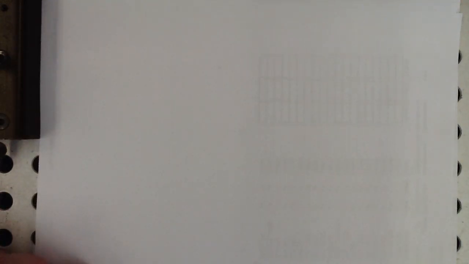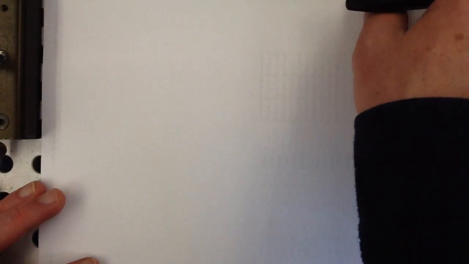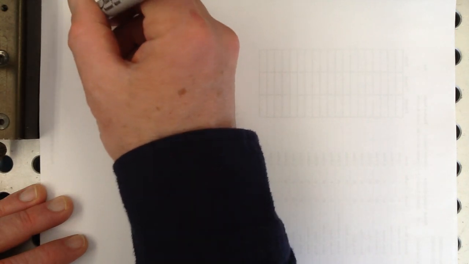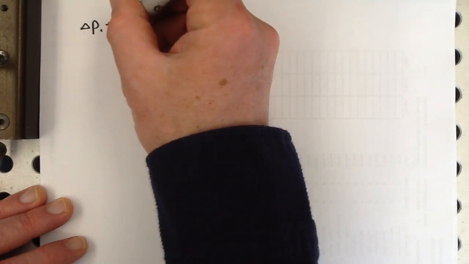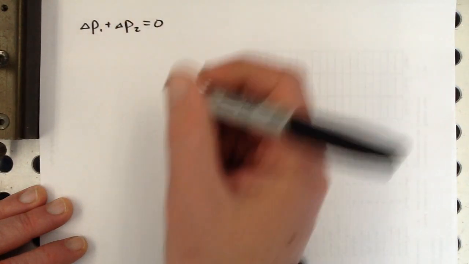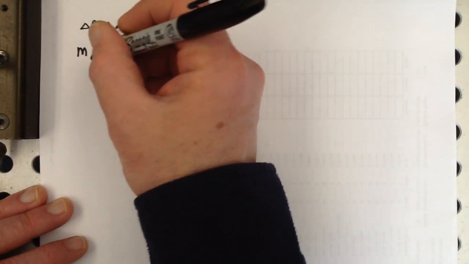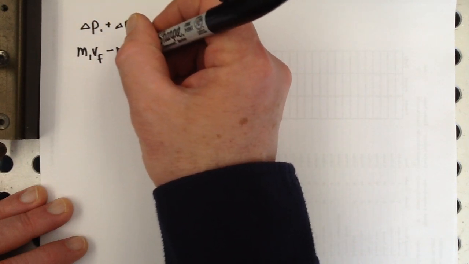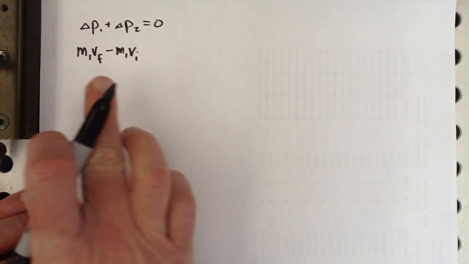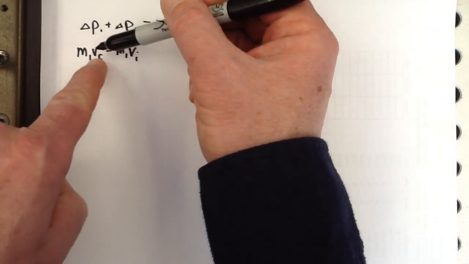Now what can you do with that? Lots. So I'm going to start with this equation that says, I'm just going to recopy the last line that you have on your page, so you can just keep going. Okay, change in momentum of object 1. That's mass 1 times its final velocity minus mass 1 times its initial velocity. I'm just going to make a note. If you're wondering, oh, well, both things are moving, so which velocity is this?